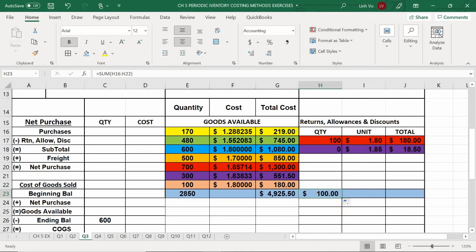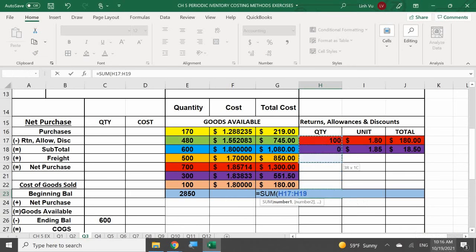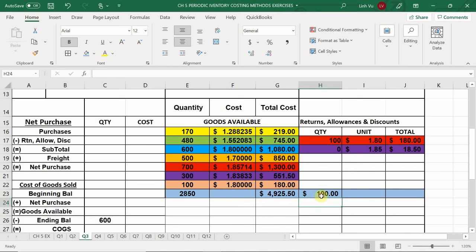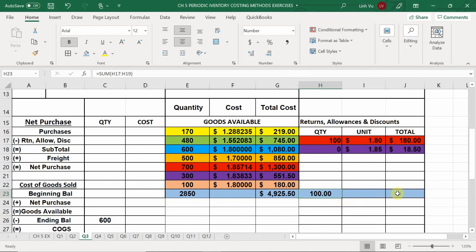That's not right. At a total value of what? 195.50. Or no, 198.50. Okay, 198.50. Good.